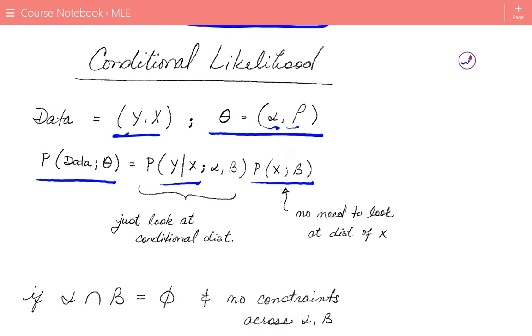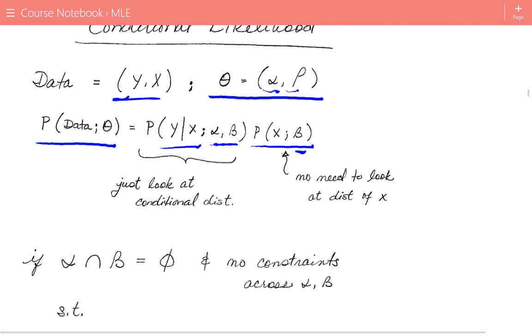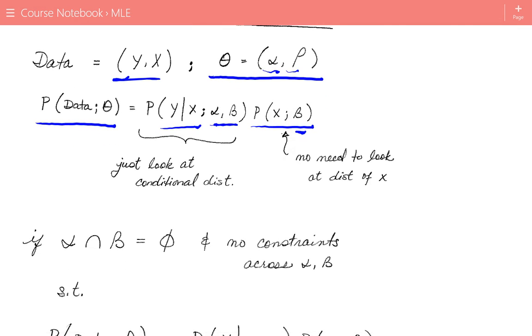So it may fall out that you have the probability of y given x with the parameter alpha, and the probability of x with the parameter beta. If we are not interested in beta under certain circumstances, we will just need to look at the conditional distribution itself.